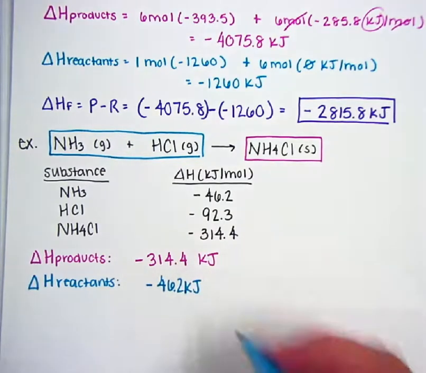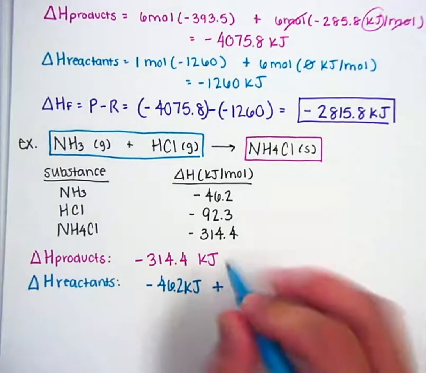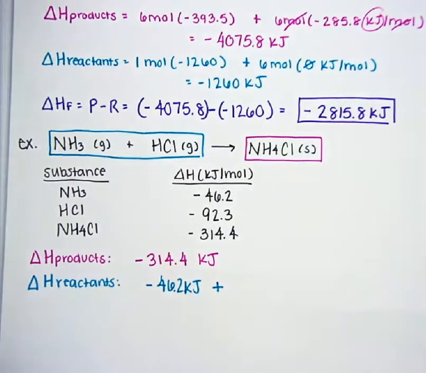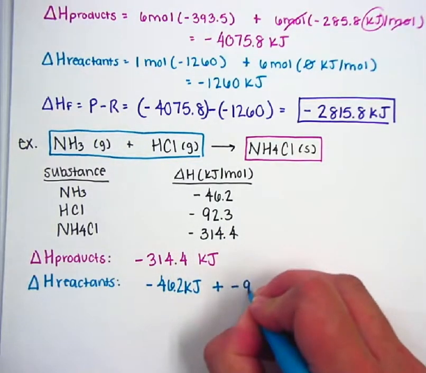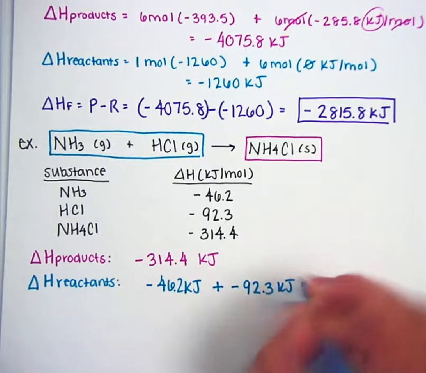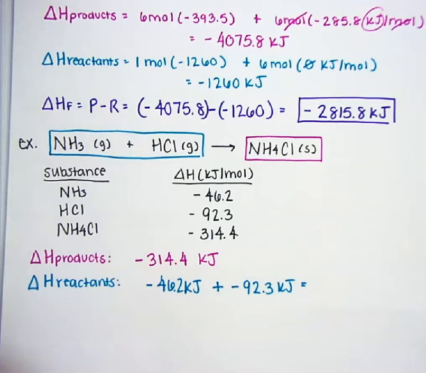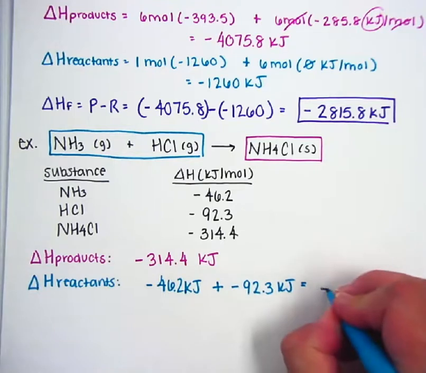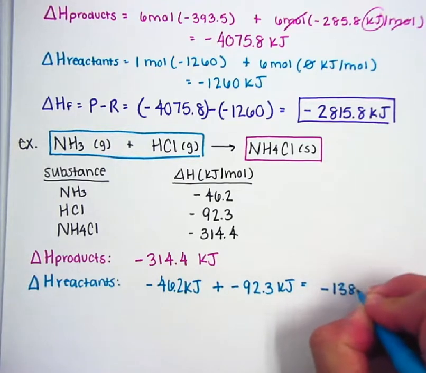And again, it is the sum of, so I'm going to add it to my delta H of HCl, hydrogen chloride gas, negative 92.3 kilojoules. So a negative 46.2 plus negative 92.3 gives me a negative 138.5.